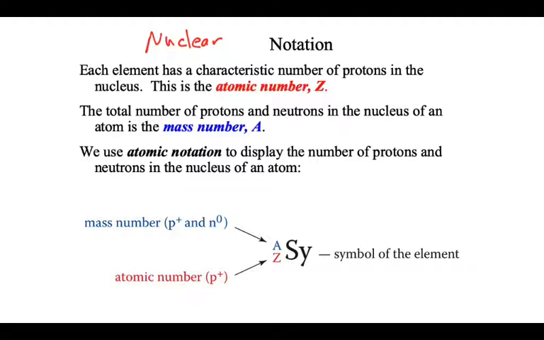The nucleus is dictated by the protons and the neutrons. The very first thing that shows up in my atomic notation is the mass number, which is literally the sum of the protons and neutrons. That's why we write it there. It is designed for a nuclear chemist. So that's what I'm going to write in that symbol. Protons and neutrons. Okay, what else might I want to know?